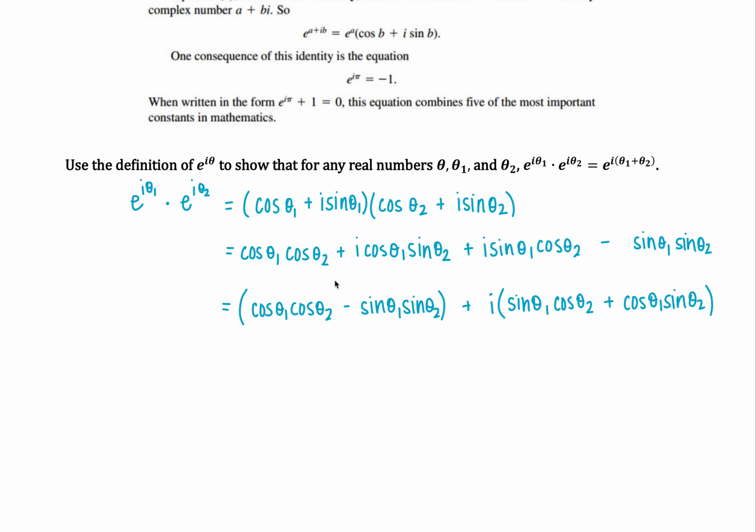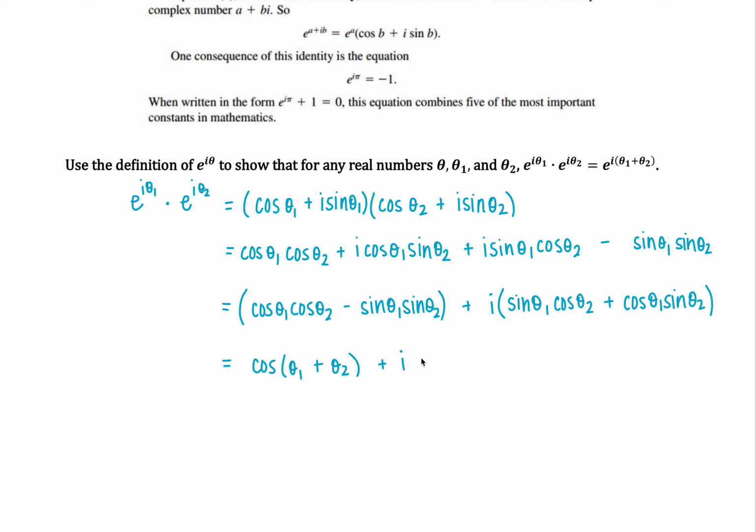So what we have here, cosine theta 1, cosine theta 2, minus sine theta 1, sine theta 2, that's actually cosine of theta 1 plus theta 2. And again, that's just a trig identity. And sine theta 1 cosine theta 2 plus cosine theta 1 sine theta 2 is another trig identity.